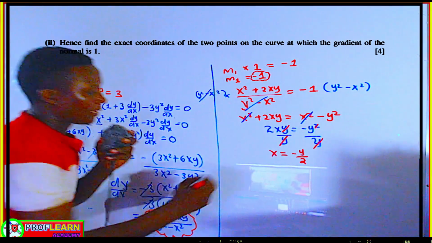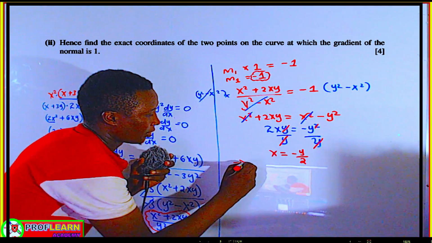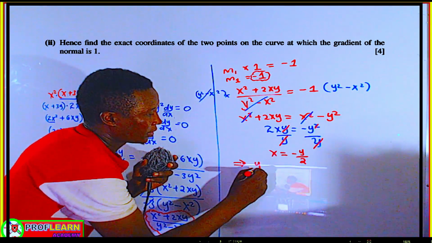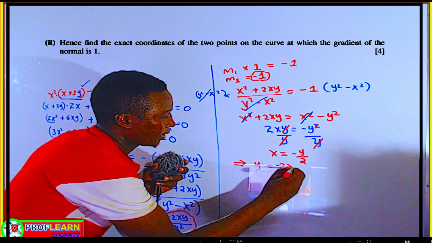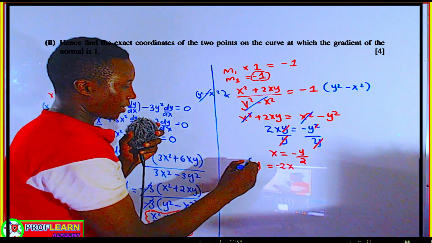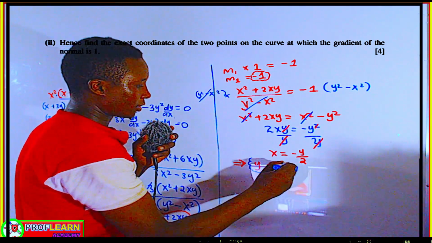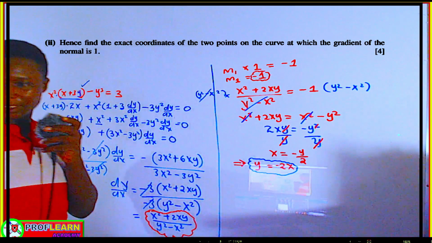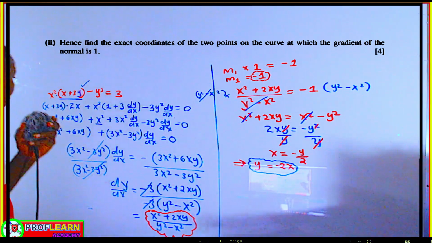I would like to write this equation in terms of y. We can also say y equals -2x. I would like it to be cleaner like that, so that I don't have fractions which are going to complicate matters a little bit in this question.